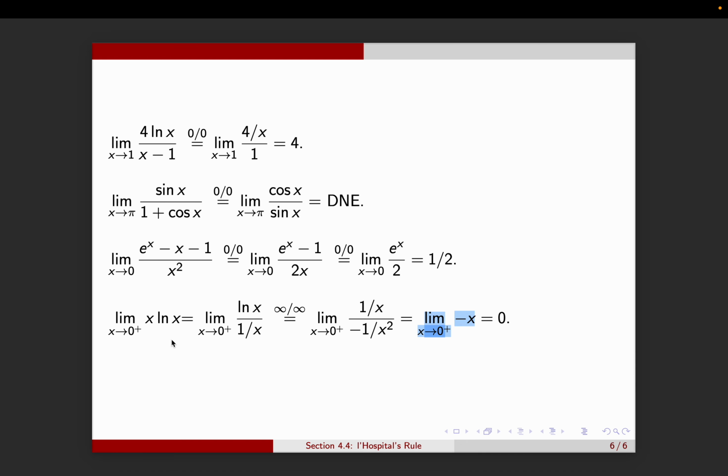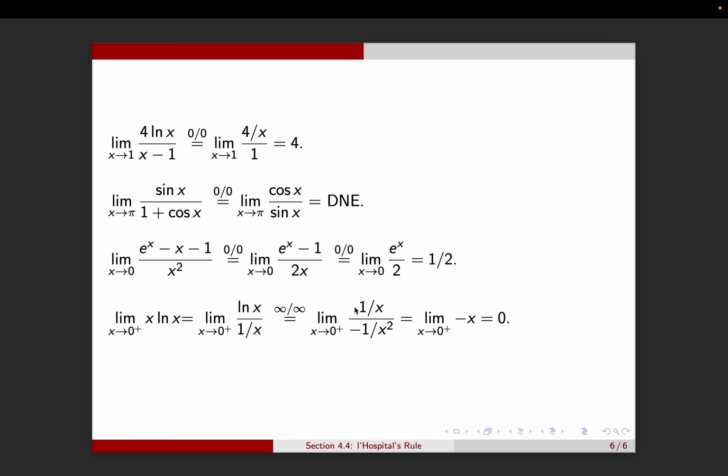So it turns out that this original limit, which was not written as a fraction, if you write it as a fraction, this looks like a mess right here, right? That doesn't look particularly friendly, this log x over 1 over x. But since you wrote it as a fraction with form infinity over infinity, you can use L'Hopital's rule on it.